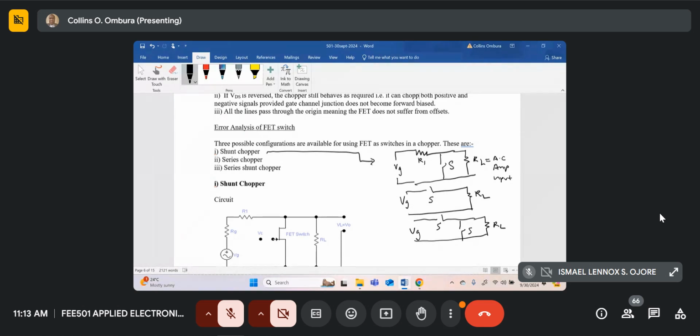Is it putting the switch in series? Is it putting the switch in shunt? Or is it putting the switch in series and shunt? To do that, we consider what is known as error analysis of the FET switch.